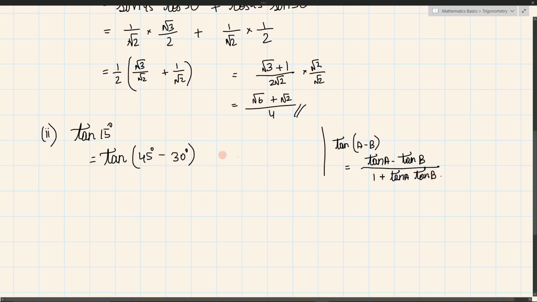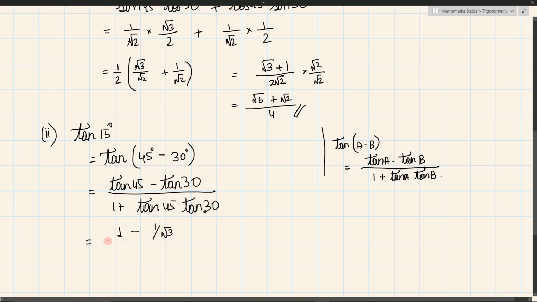So substituting according to this formula, we have tan 45 minus tan 30 whole divided by 1 plus tan 45 into tan 30. So this would be equal to tan 45 is 1 minus tan 30 is 1 by root 3, whole divided by 1 plus 1 by root 3.